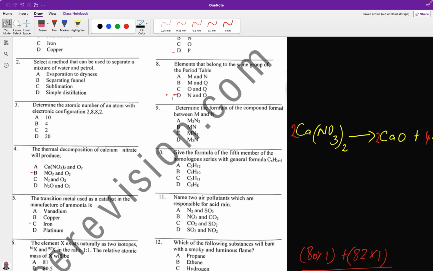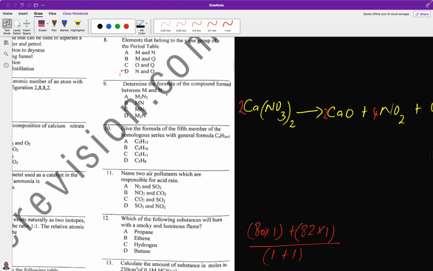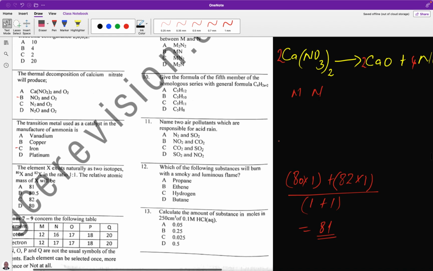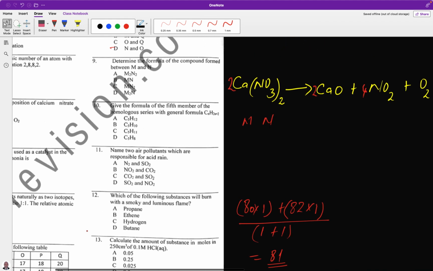Question number 9. Determine the formula of the compound formed between M and N. Going back to our table, M is group 2 and N is group 17.